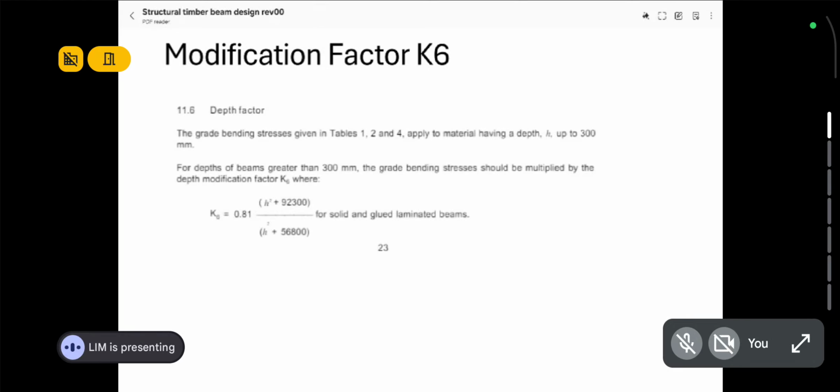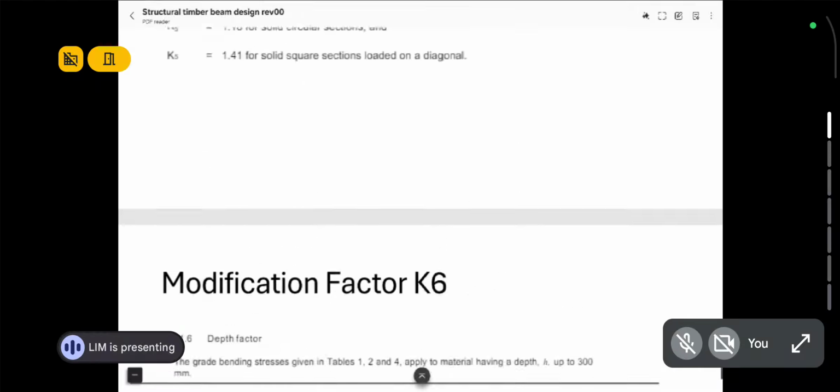If your beam is greater than 300, then you have to calculate K6 based on that formula there: 0.81 times (h squared plus 92,300) divided by (h squared plus 56,800), where h is the height of your beam, for solid beams. And that's K6. So that's nice and simple today.